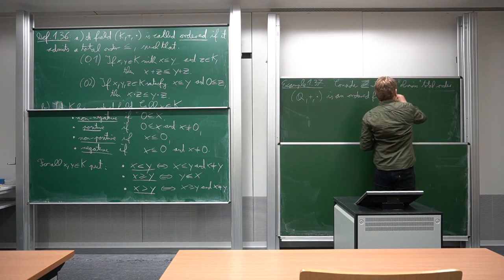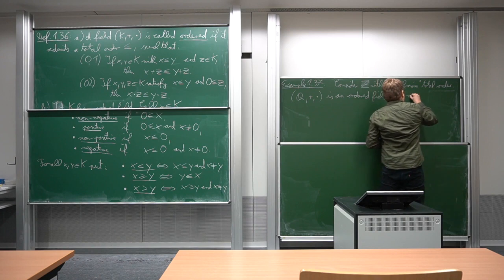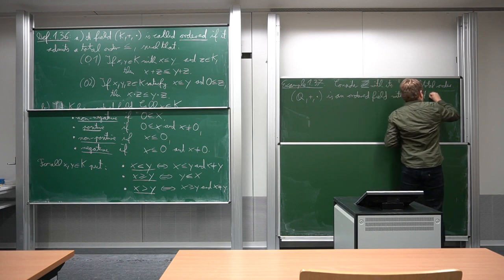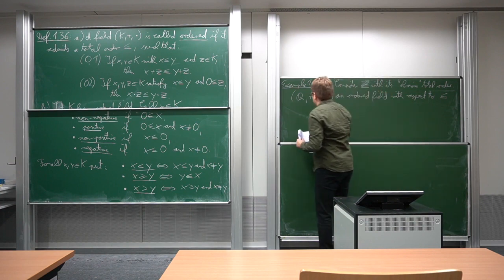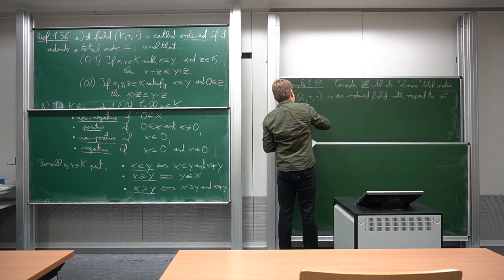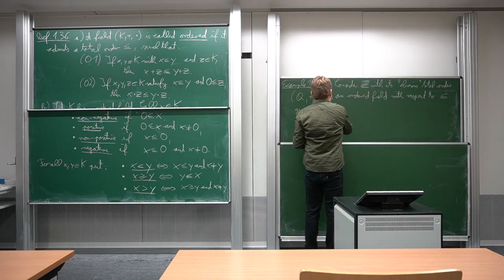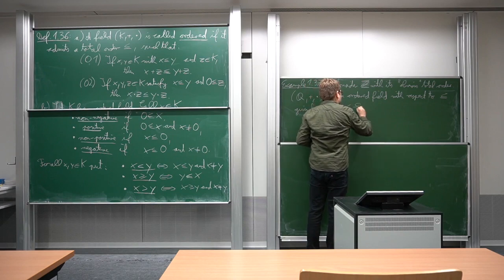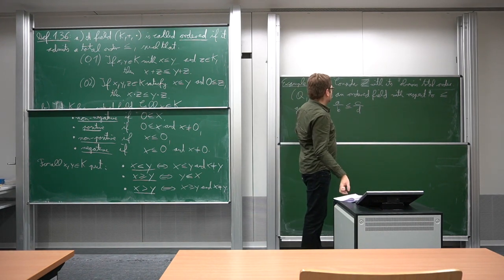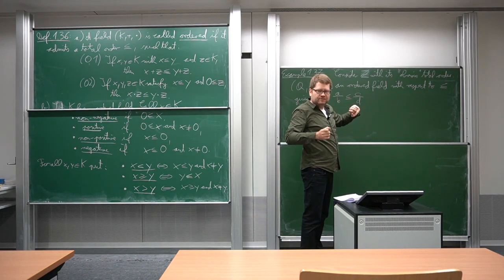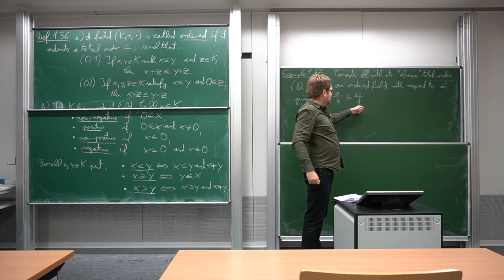Ordered field with respect to the relation smaller than or equal to, given by the following. So a over b should be smaller than or equal to c over d. We can trace this back to the case of the integers by just multiplying with the denominators.